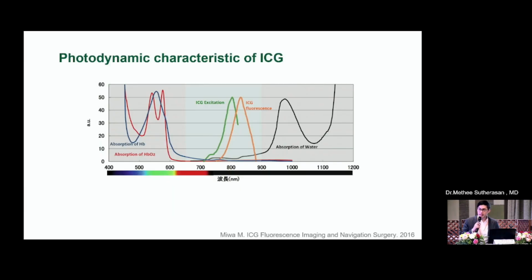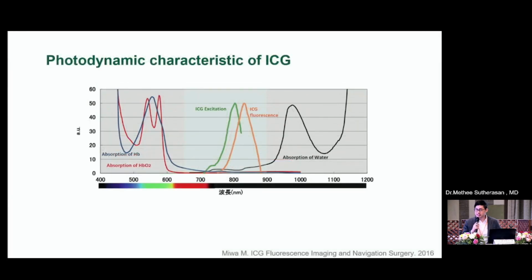But the main limitation of ICG is that we can detect it only with a special camera system, because the wavelength of ICG fluorescence is near infrared, which the human eye cannot detect.